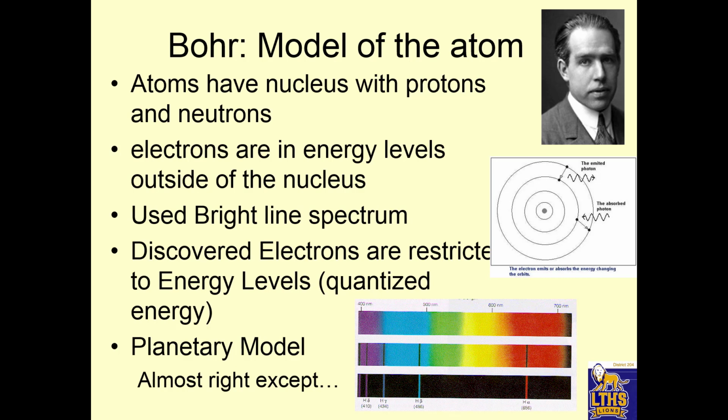And so we had to change our model again. Niels Bohr came up with a model of the atom that had that nucleus with protons and neutrons in it, but described a little bit more detail about where the electrons were. He proposed that electrons were in energy levels outside the nucleus. One way he did this was he used an experiment called the bright line spectrum. Okay, he found out that atoms would produce different spectra if they were different atoms.